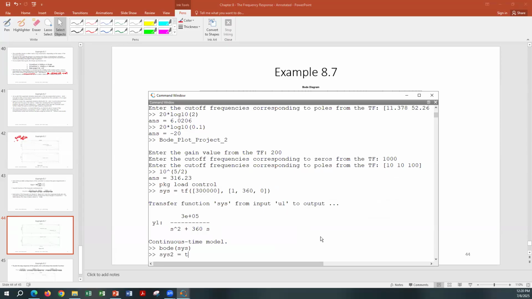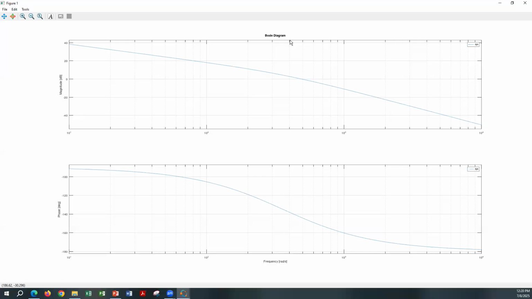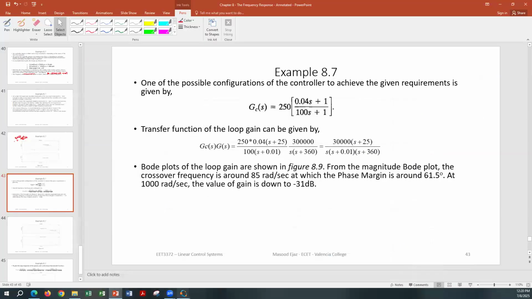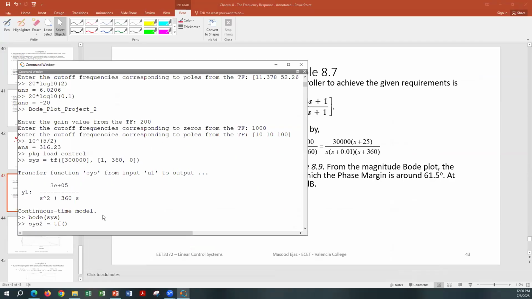System 2 is equal to the transfer function, with numerator 30,000 times s plus 25, that is 30,000 and 30,000 times 25.